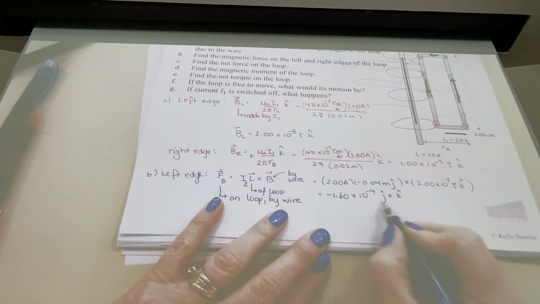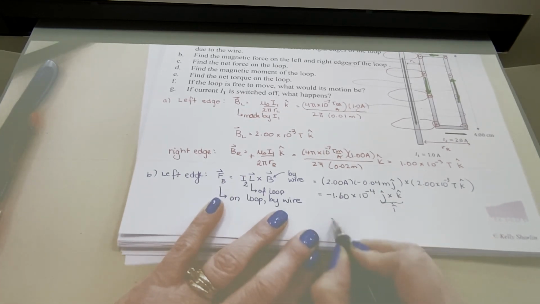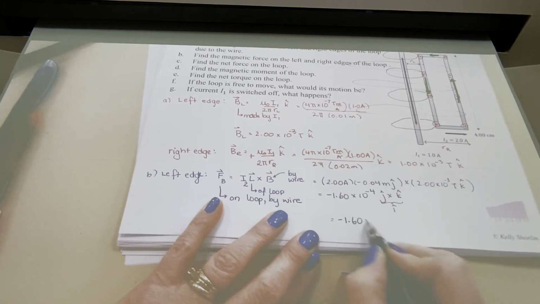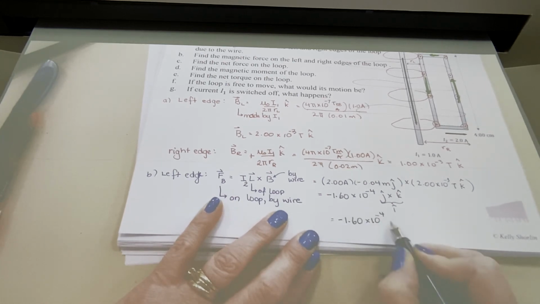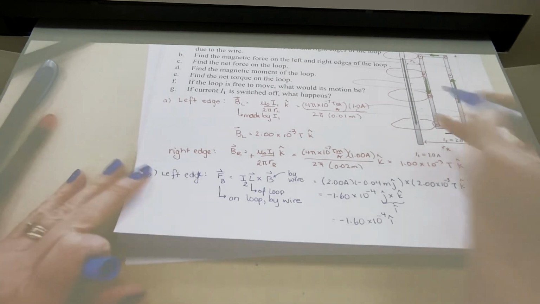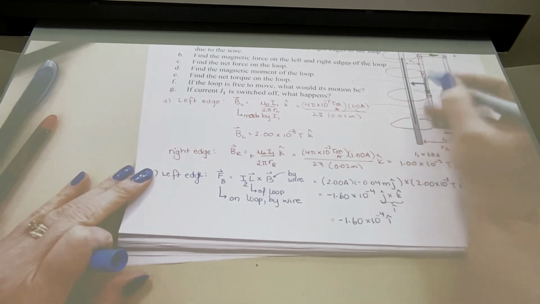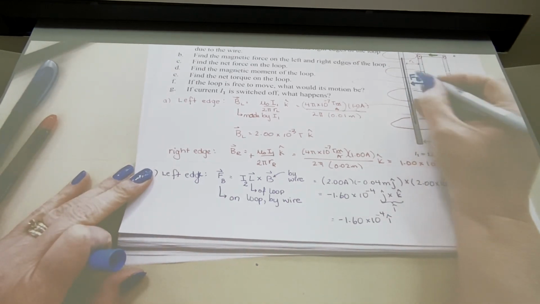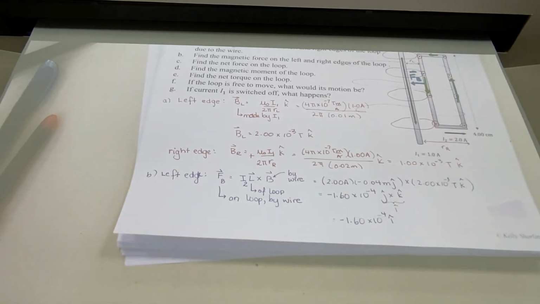J cross k is i hat, so we get minus 1.60 times 10 to the minus 4 i hat, or to the left. So there's our magnetic force on the left part of the loop. Question?